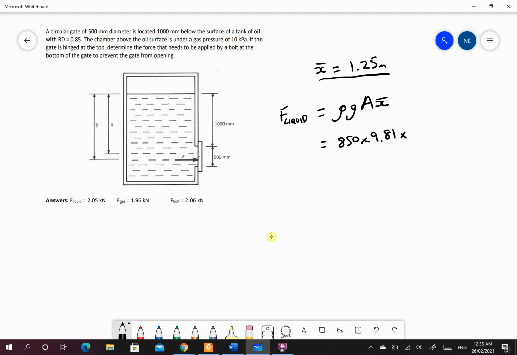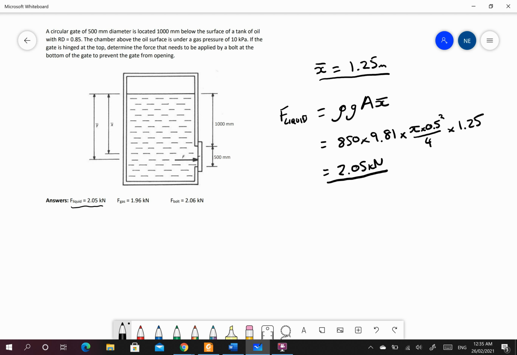Circular gate of 500 millimeters, so that is pi d squared over 4, times 1.25 meters. This gives us 2.05 kilonewtons. This is the force due to the liquid.